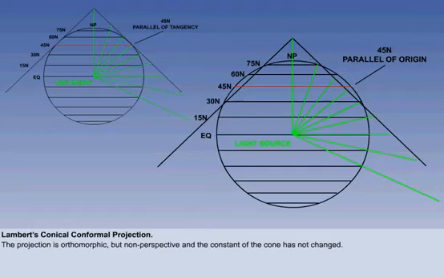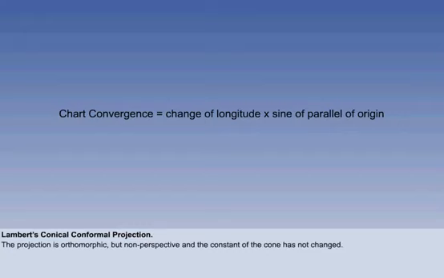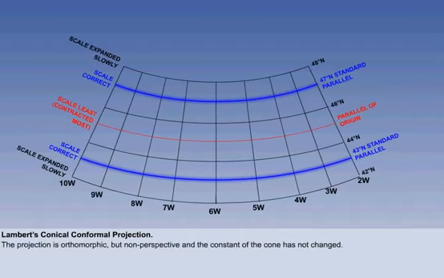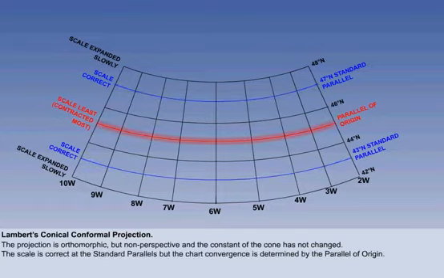This means that the convergence equation for the Lambert's chart is the same as for the simple conic. That is, chart convergence equals the change of longitude times the sine of the parallel of origin. Thus, the scale is correct at the standard parallels, but the chart convergence is determined by the parallel of origin.